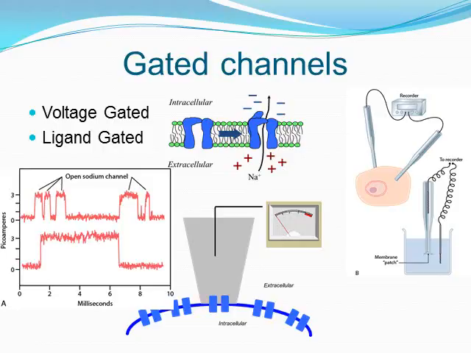The other thing that this slide shows is the way that we measure this in a lab. So the bottom diagram in the middle is showing patch clamping. Basically, you can attach a very small pipette to a cell and measure the movement in a single channel or a series of channels, depending on how large the pipette is and how good you are at targeting those channels.